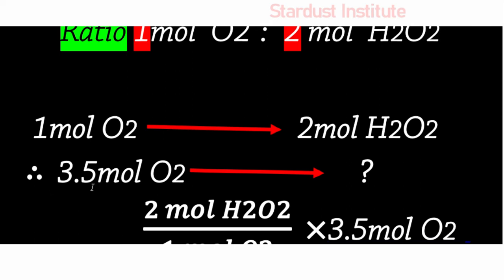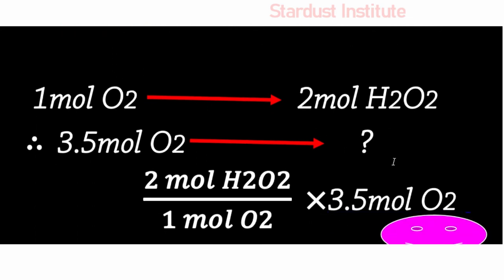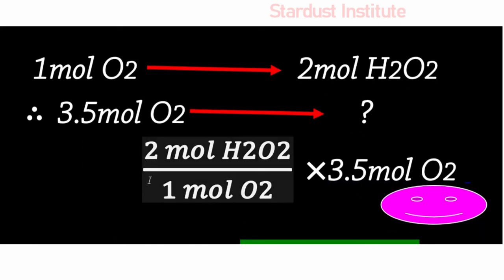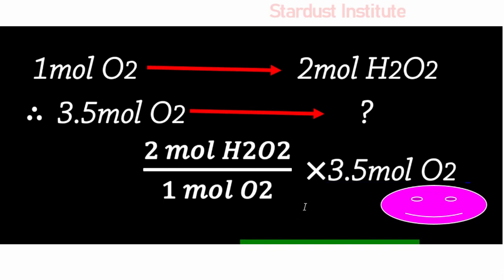Therefore, to get 3.5 moles of oxygen, how many moles of hydrogen peroxide are needed? We can find it in this way. 2 moles of hydrogen peroxide divided by 1 mole of oxygen multiplied by 3.5 moles of oxygen.